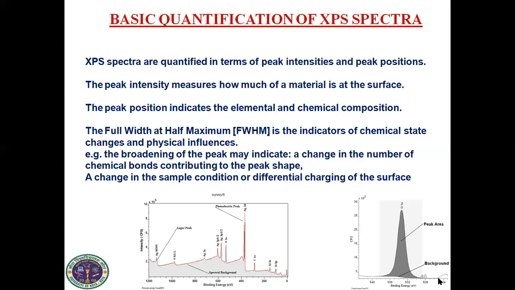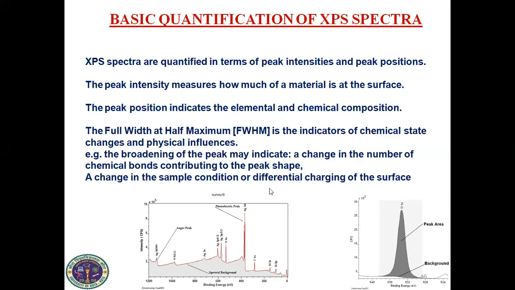We have labeled this survey scan for different elemental peaks, which you can see by looking at the binding energy lookup table. These peak positions indicate the elemental and chemical composition. By the intensity, we can work out, by averaging over all peaks, how much of an element is present on the surface.